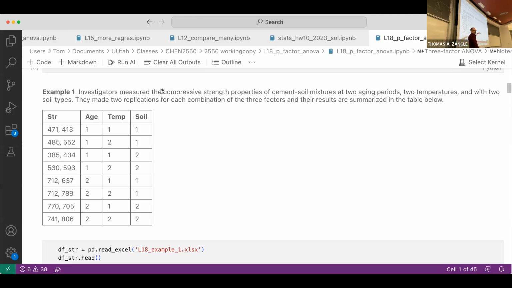So we now have 3 factors. This is the strength that was measured for those different input conditions. And we'd like to know what really impacts the compressive strength properties of cement soil mixtures from this set of experiments.